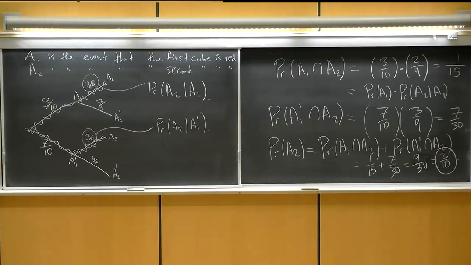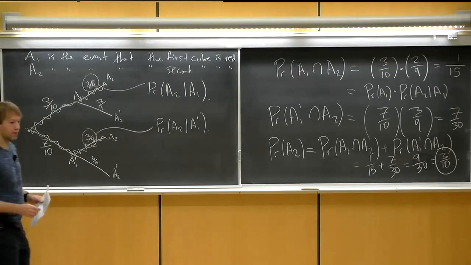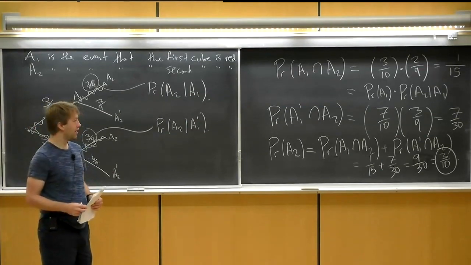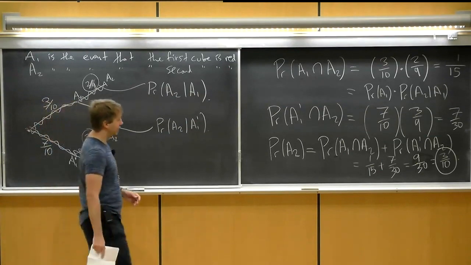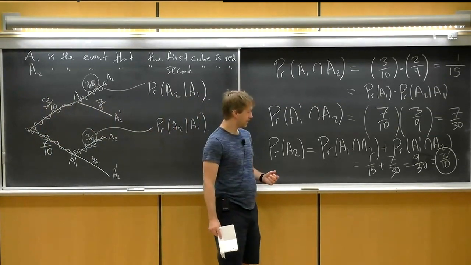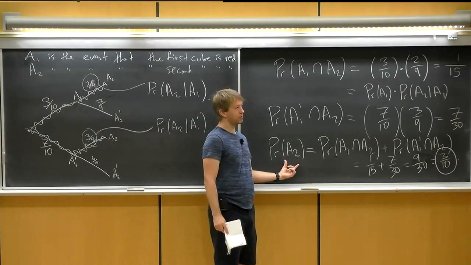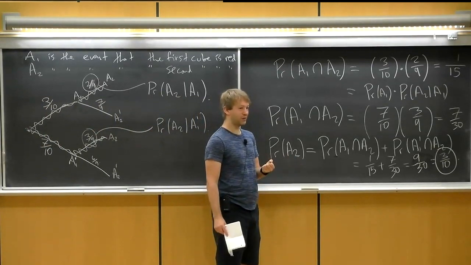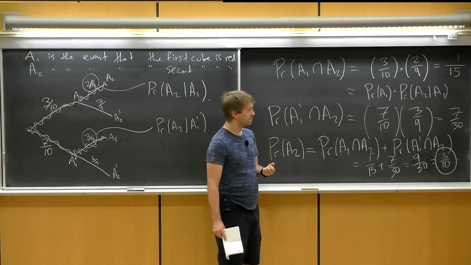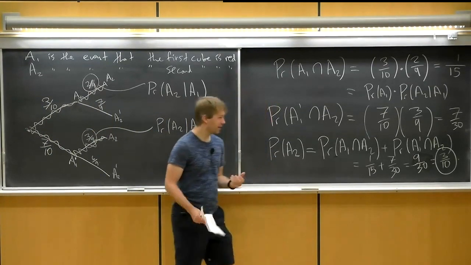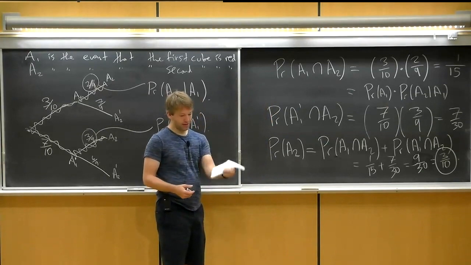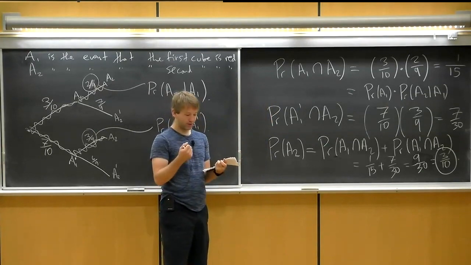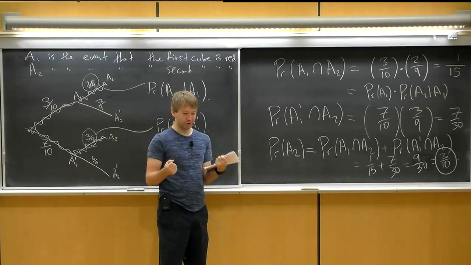Yeah. Well, because here we're really at the end of the day just looking at the second cube. So I see what you're getting at, but here's the thing. If I pick a cube and then pick another cube, well, if I pick them in the opposite order, it's kind of the same thing.